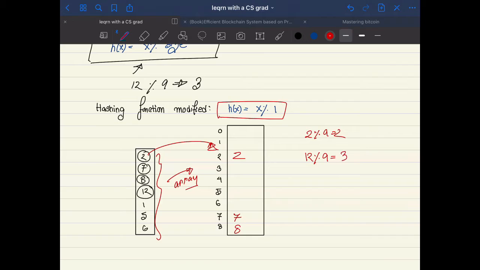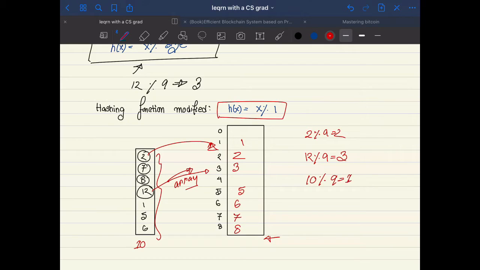For 7 we put into 7, 8 into 8. However, 12 mod 9 gives us 3, so we put 12 into index 3. Similarly 1, 5 and 6 go into their corresponding places. However, let's say we have a value 10, so 10 mod 9 gives us 1.